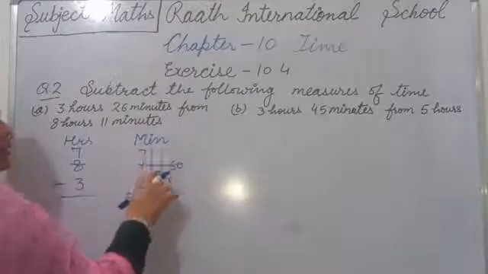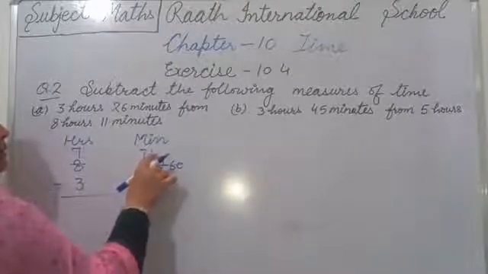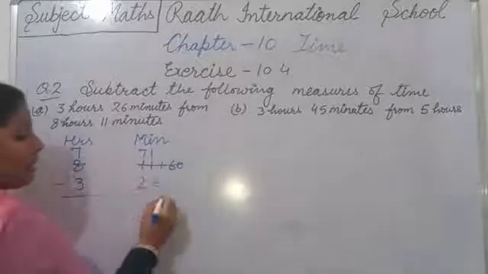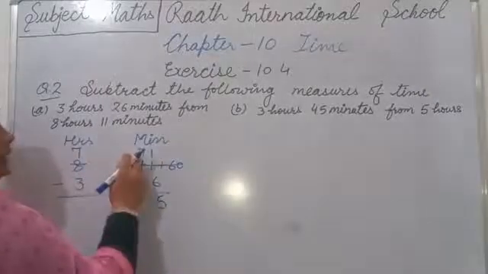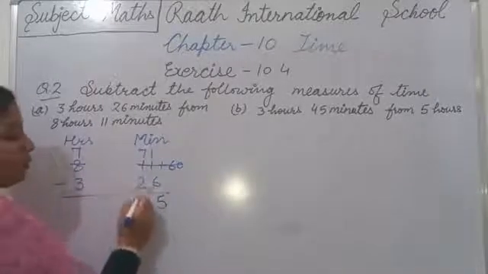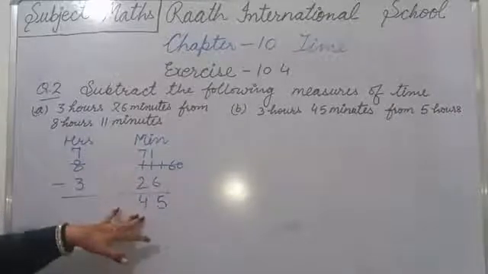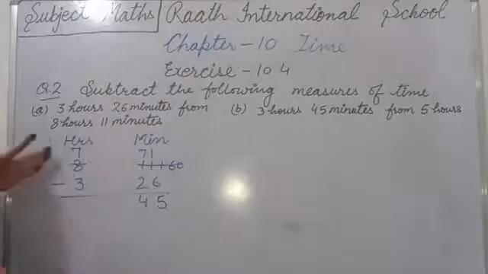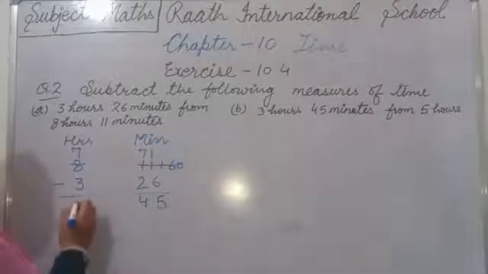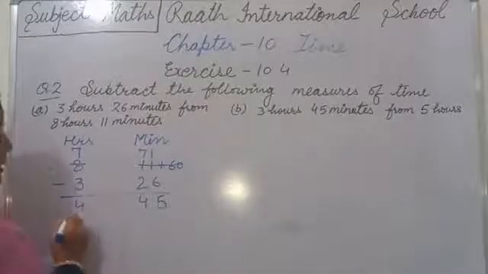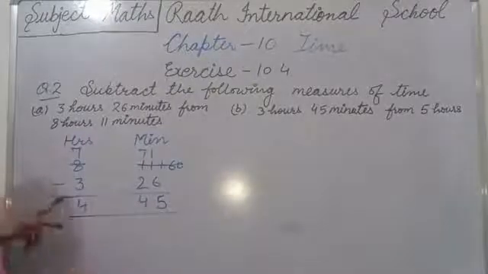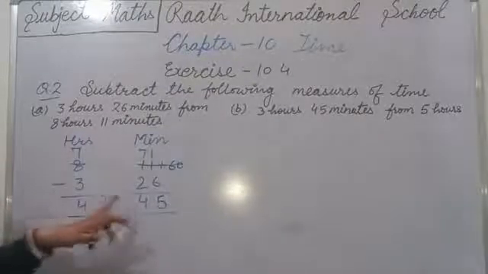Now from 11 we subtract 6, that's 5. And now 6 minus 2, 4. So 71 minus 26 becomes 45. Now here 7 minus 3, that's 4. So our answer is 4 hours 45 minutes.